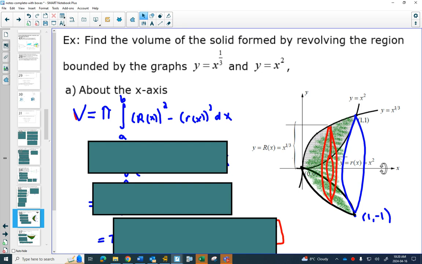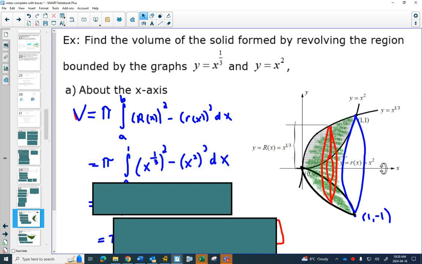We know that they intersect at 0, 0 and 1, 1. So we're going to go our integral from 0 to 1. My bigger radius, the upper one, was the x to the 1/3, so that gets squared, minus the smaller one, which was x squared. It also gets squared.